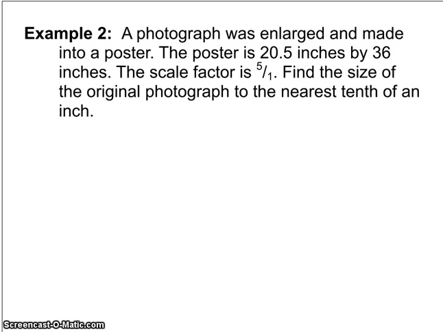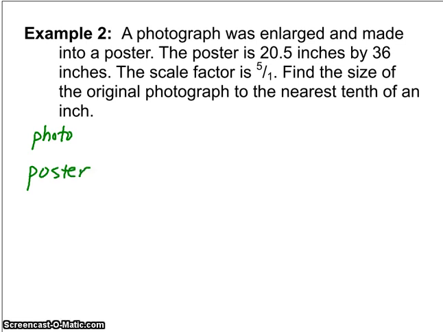Okay, so let's write out this information. We have two objects here, both two-dimensional. One is a photograph and one is a poster. The photo's dimensions we don't necessarily know at the moment because they aren't given to us, but we do know the poster's dimensions.